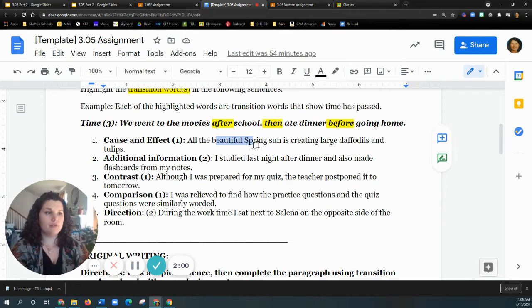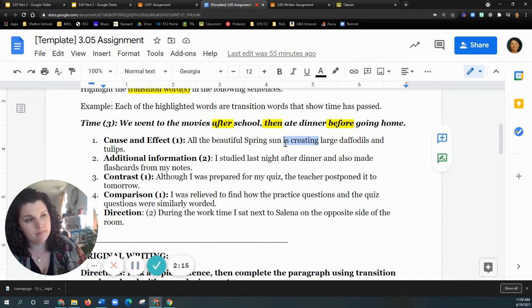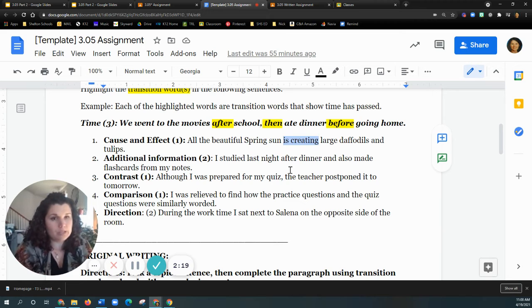So we have beautiful spring sun. What is it doing? What did it do? It made large daffodils and tulips. So that word that's in between them is our transition word. You could highlight both of them or just the one. That's fine.